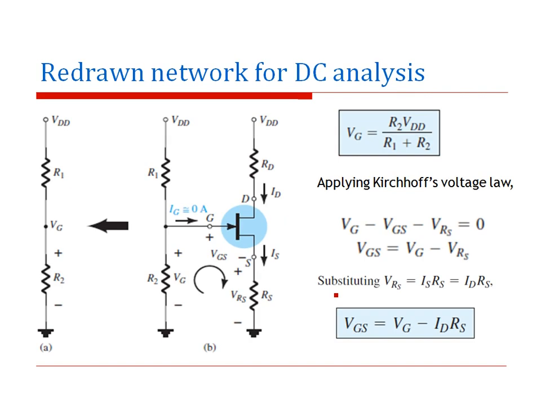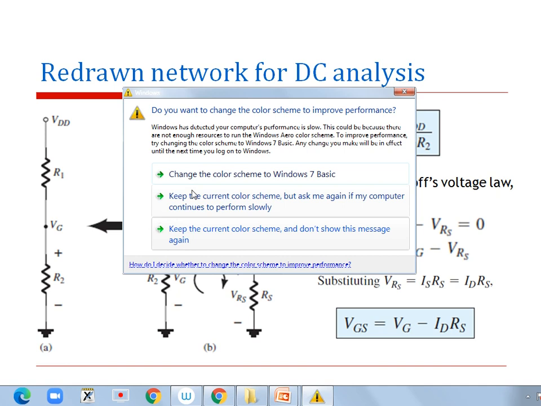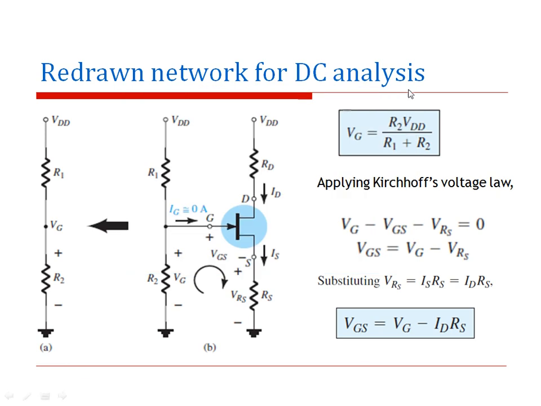Now this network, when redrawn for DC analysis, you get something like this. Here you have the potential divider biasing arrangement R1 and R2. Since Ig equal to 0, this potential divider arrangement will give you Vg equal to VDD into R2 divided by R1 plus R2.